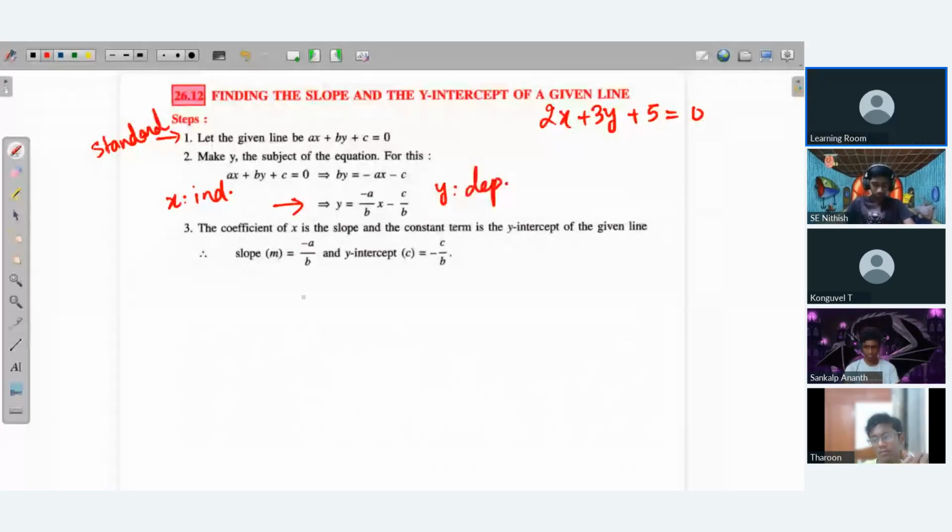So when you write it, the slope will be the coefficient of x, and the y-intercept will be the constant term.